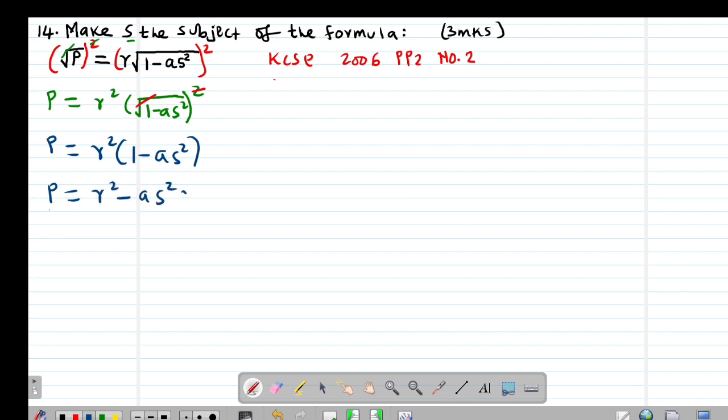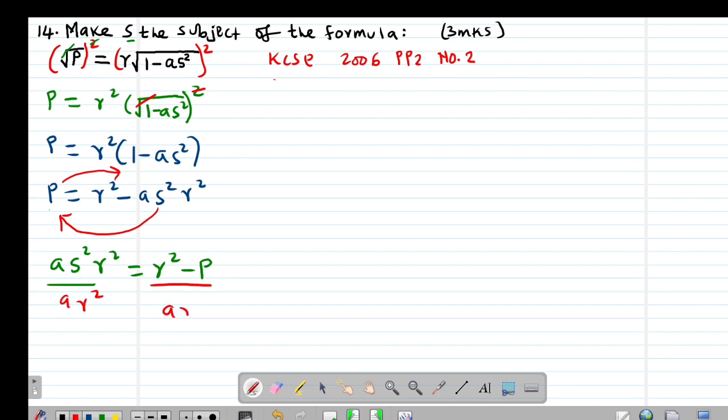So this will be P is equal to R squared minus AS squared R squared. So we need to make S the subject of the formula, therefore I'll take it to the other side, then I take P to the opposite side, so that I'm going to have positive AS squared R squared being equal to R squared minus P. If I want to remain with S alone, I'll divide through by AR squared, also divided by AR squared.